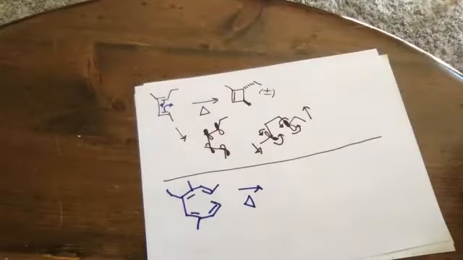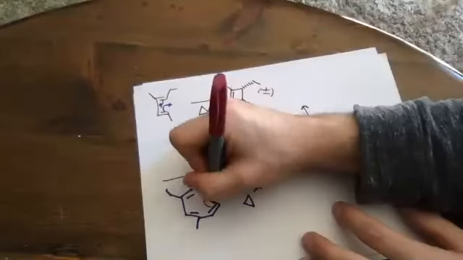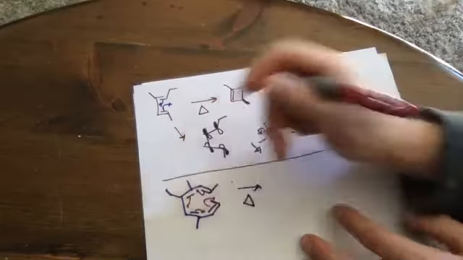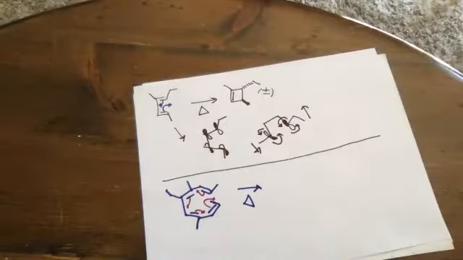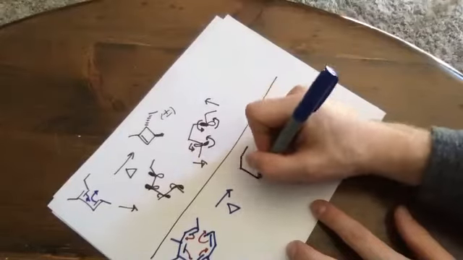We've got 4 double bonds, which means we are going to make an 8-membered ring as our end product. Push this one up, up, over, down here. Eight-membered ring should look something like a stop sign.